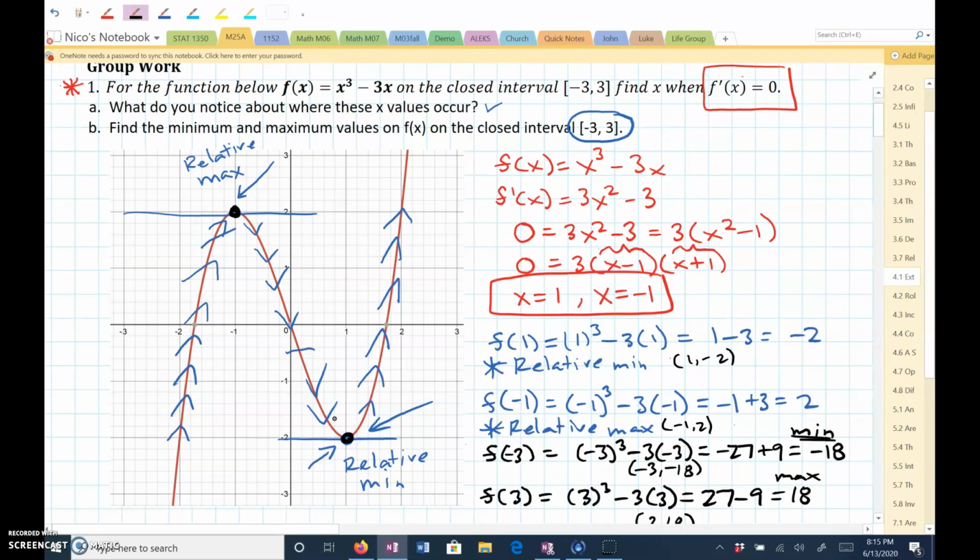It's not the absolute max, it's not the absolute min. This would be an extrema because it's the minimum value of this function. This would be an extrema because it's the maximum value. This would be a relative extrema.